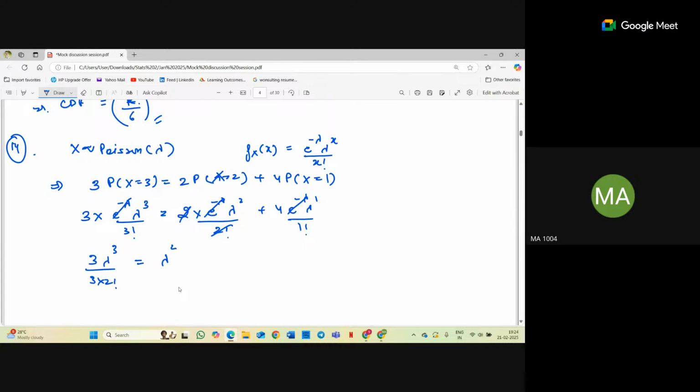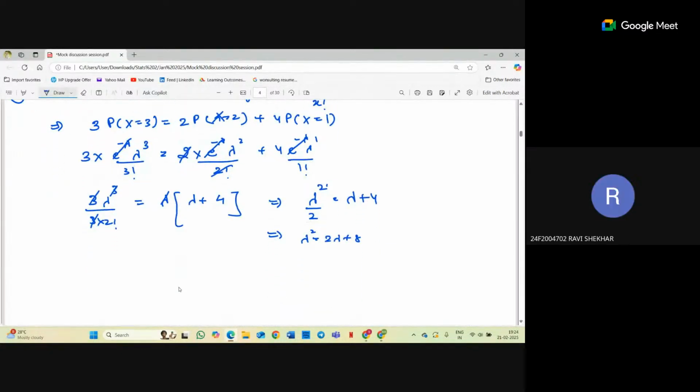Yeah, if you take lambda common, it would be lambda plus 4. Now, lambda will get cancelled, 3 will get cancelled. So I am getting lambda by 2 equals lambda plus 4 over lambda square. Actually, you forgot to write 2. Yeah, lambda square, right? Now, this can be written as lambda square equals 2 lambda plus 8.